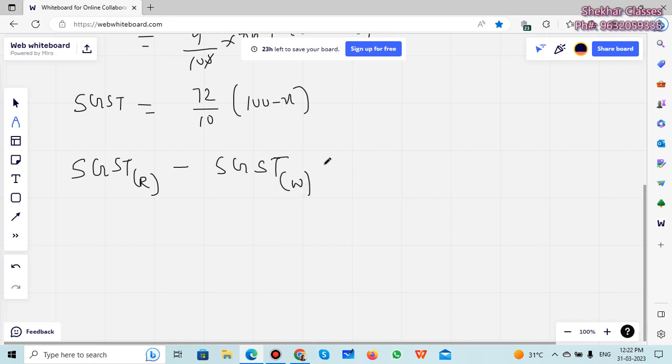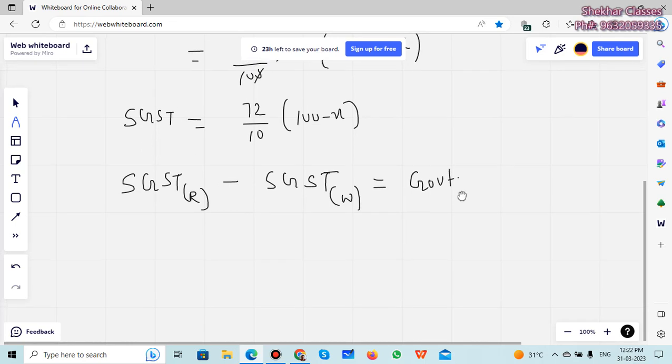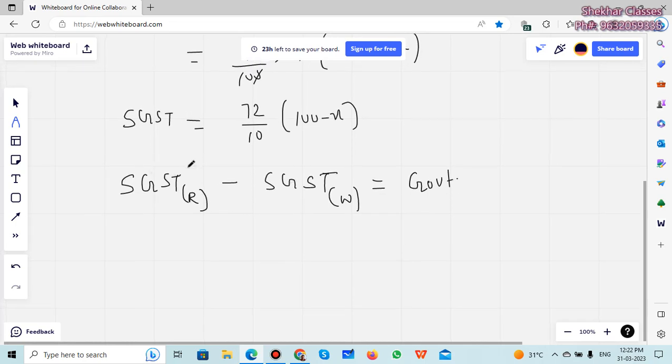The remaining amount is what the retailer will pay to the government, right? So this will go to the government. Remember the words output tax and input tax. Output tax minus input tax is equal to the tax liability, the net tax to be paid.